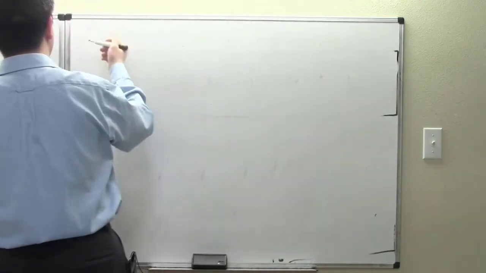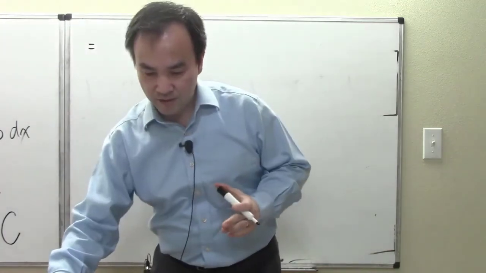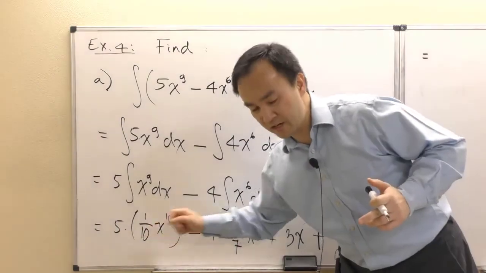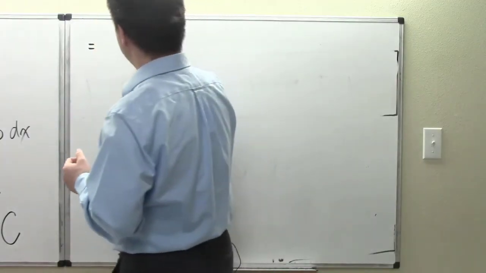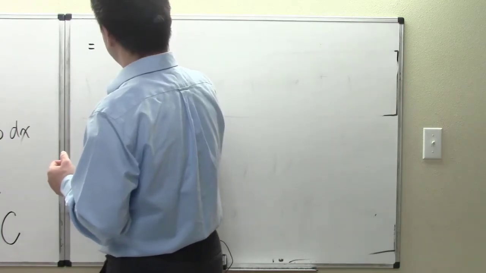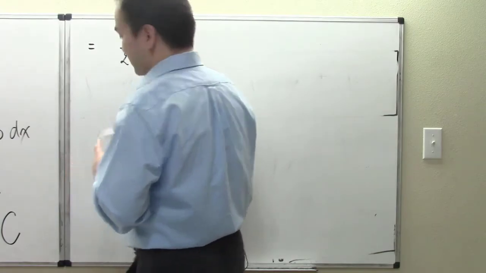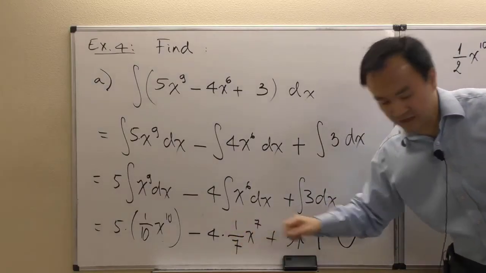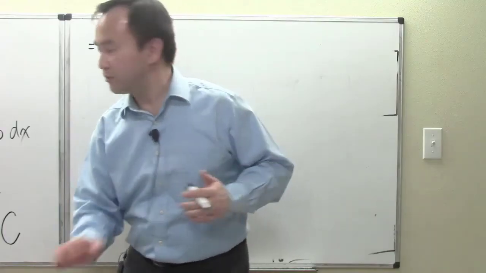All right, so now in my next step here, continuing from the previous step, quickly as a reminder. For the first term, we can cancel the 5 with that 10 in the denominator. And that's pretty much all we can do. So it's going to be 1/2 times x to the 10th power minus, now, the 4 times 1/7 here, everything else I can do with that is simply to put that as one fraction.